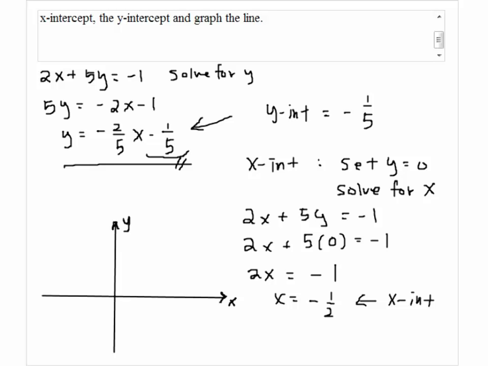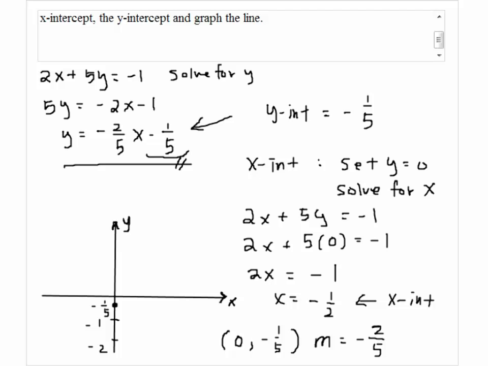To graph the line, first we plot the y-intercept, which is negative 1 over 5. The coordinate of the y-intercept is (0, negative 1 over 5). The slope of the line is negative 2 over 5. This slope suggests that we go over by 5 and down by 2.